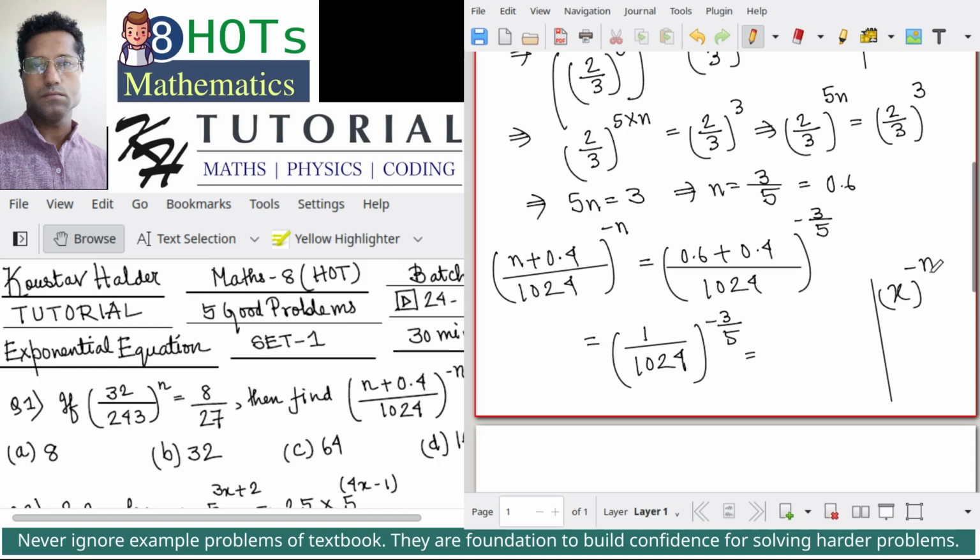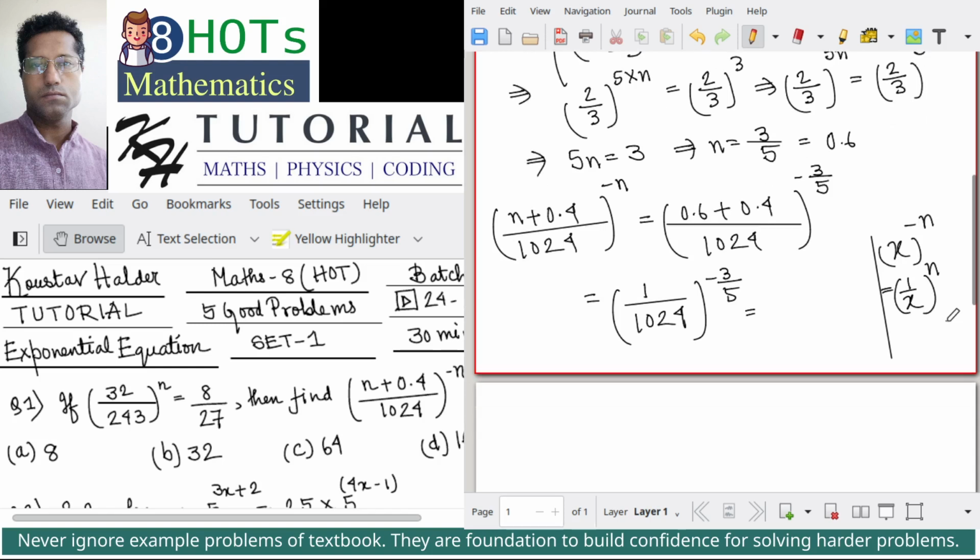If you want to make the power positive, you have to take the reciprocal of the base, and the power becomes positive, that is, to the power n. So applying this concept, (1/1024) whole raised to the power minus 3/5: I see that the power is negative, so I can take the reciprocal of the base, that will be 1024, and the negative of the power will be gone. So it will be 1024 raised to 3/5.